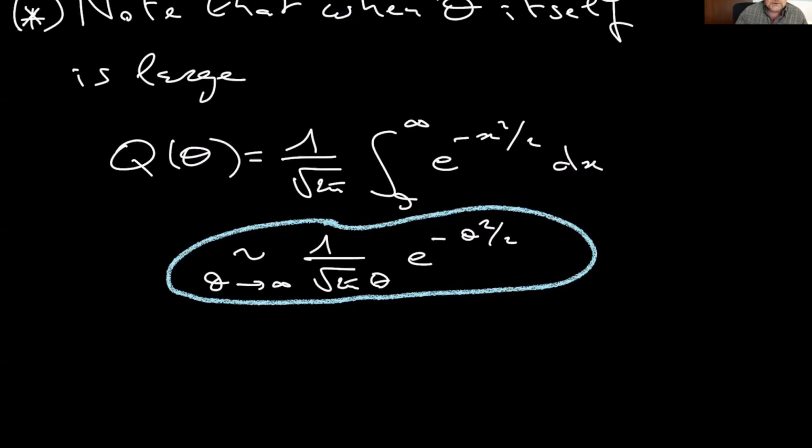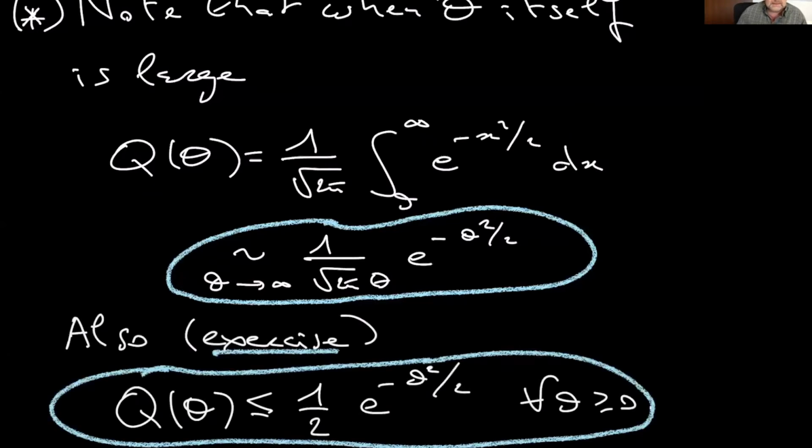It is quite well known that the equivalent when theta tends to infinity of this Gaussian tail is something like 1 over square root of 2 pi times theta times exponential of minus theta square over 2. And it is also a classical exercise to show that the Gaussian tail is smaller than 1/2 times exponential of minus theta square over 2.